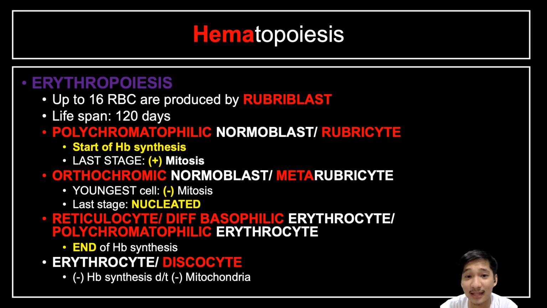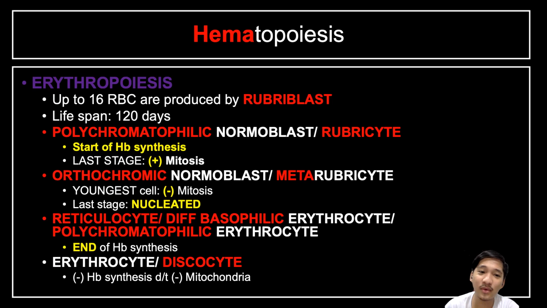So they say that the rubriblast produces up to 16 RBC. Usually the red blood cells have a lifespan of 120 days. As you can remember, in clinical chemistry, we have this test, hemoglobin A1C, commonly called glycated hemoglobin. Our glycated hemoglobin measures approximately the previous 2 to 3 months of blood sugar, because it is dependent on the hemoglobin seen in the RBC.